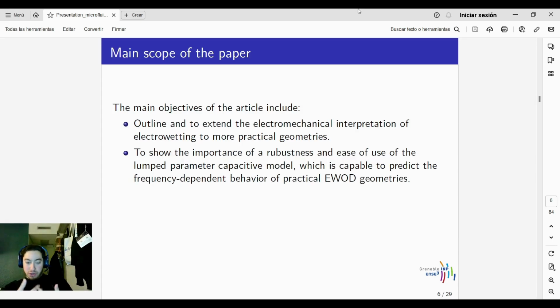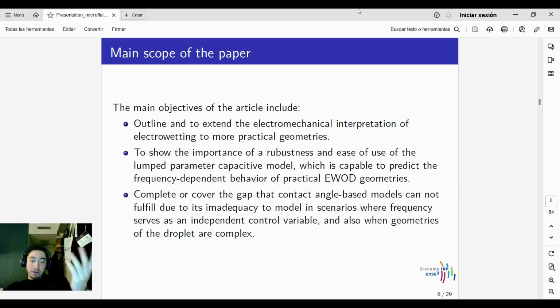It is also one of the main objectives to remark the importance of developing a physical model, a lumped parameter capacitive model, which can predict the frequency dependent behavior of electrowetting geometries, especially in cases where the electric field that is generated is not constant, so it will vary.